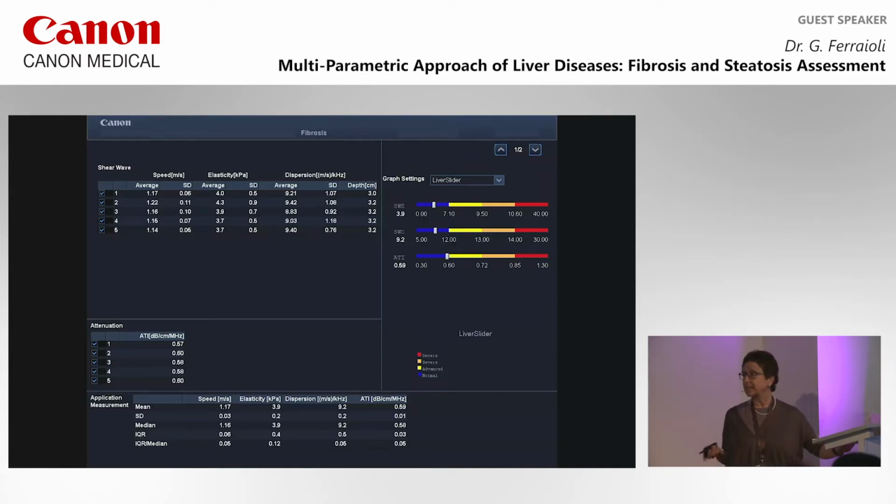So all the guidelines published for shear wave elastography use the IQR divided by median. This is a quality factor, and should be less than or equal to 30%, 0.3, when we use the Young's modulus. And the World Federation guidelines have recommended for the speed a quality factor up to 15%, or 0.15.